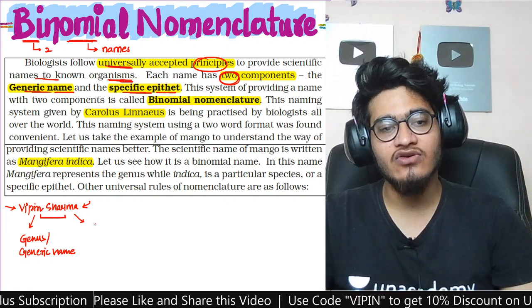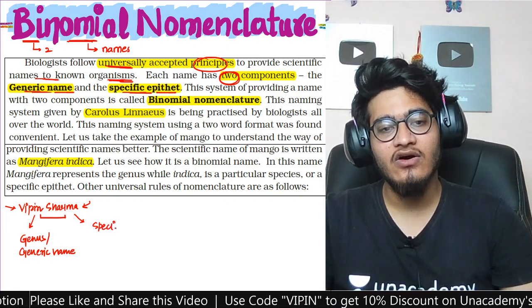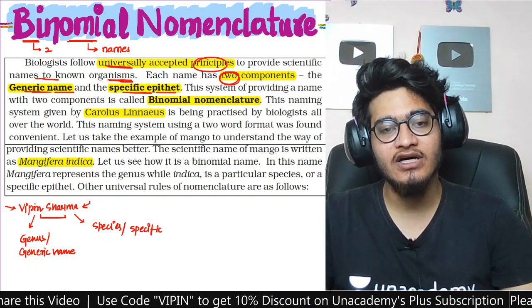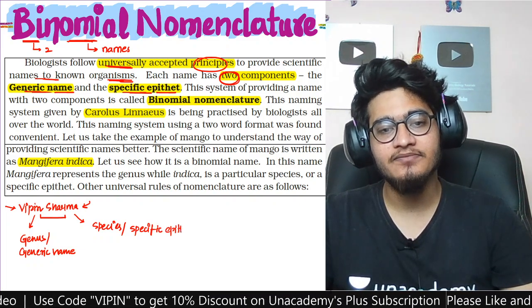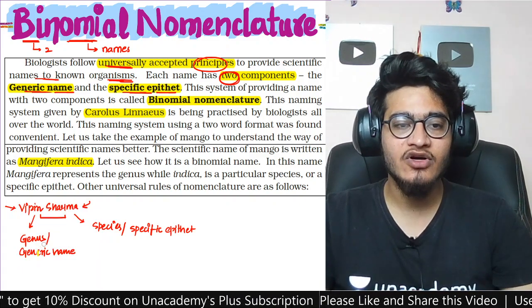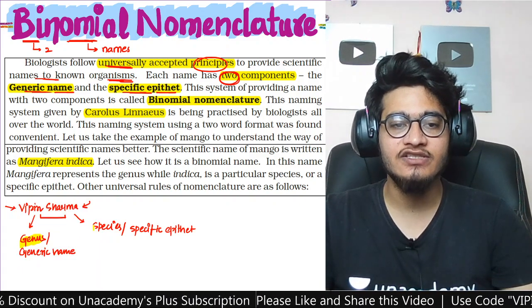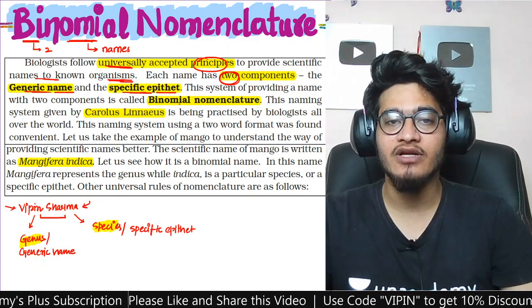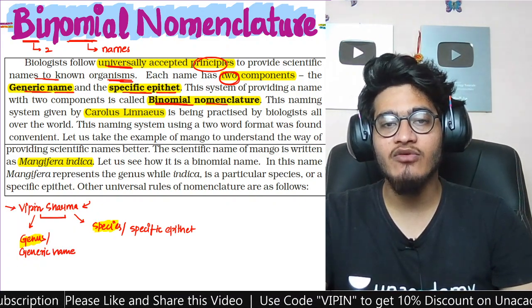And the second is called the species or the specific epithet. That's why it is called a binomial name, because there are two different components. First one is genus and second one is species. So it is called binomial nomenclature.